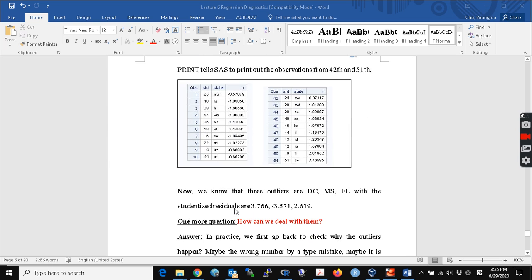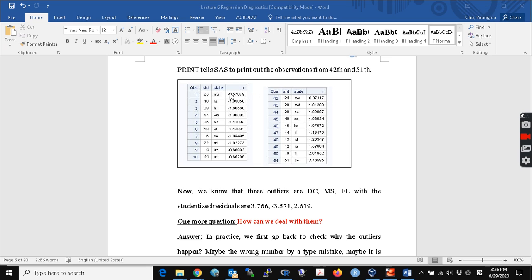Then we can see that the state MS has the smallest studentized residual, and its absolute value is greater than 3.